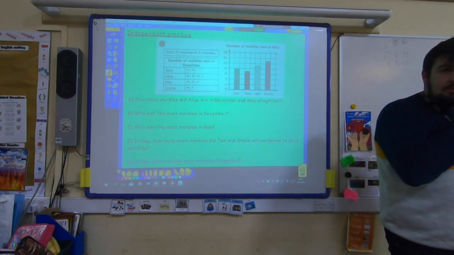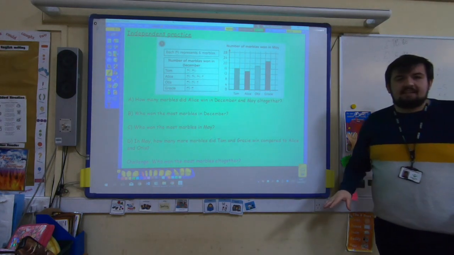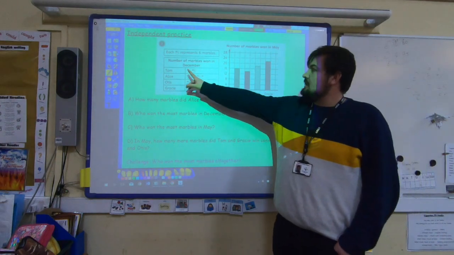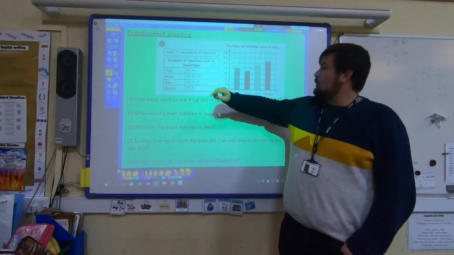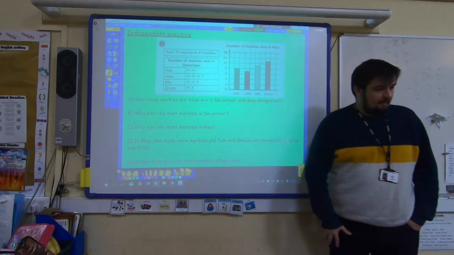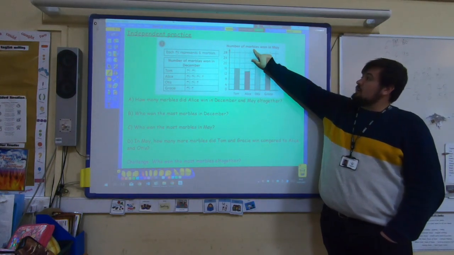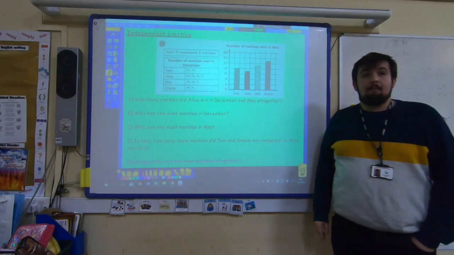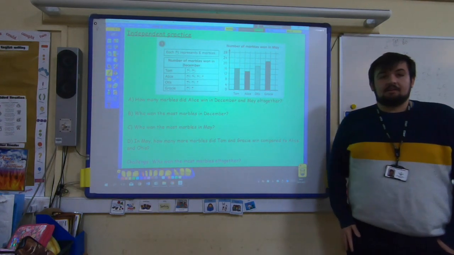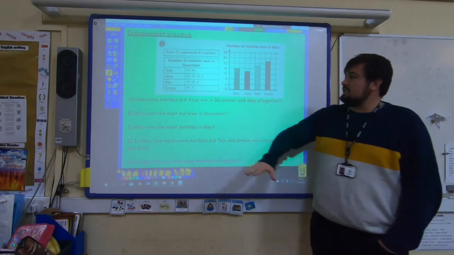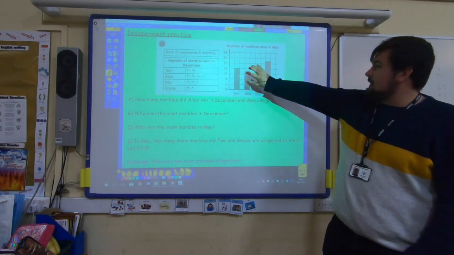Now, they're not exactly the same. This one says the number of marbles won in December, whereas this one says number of marbles won in May. So are they exactly the same? No, because this one's about December, this one's about May.